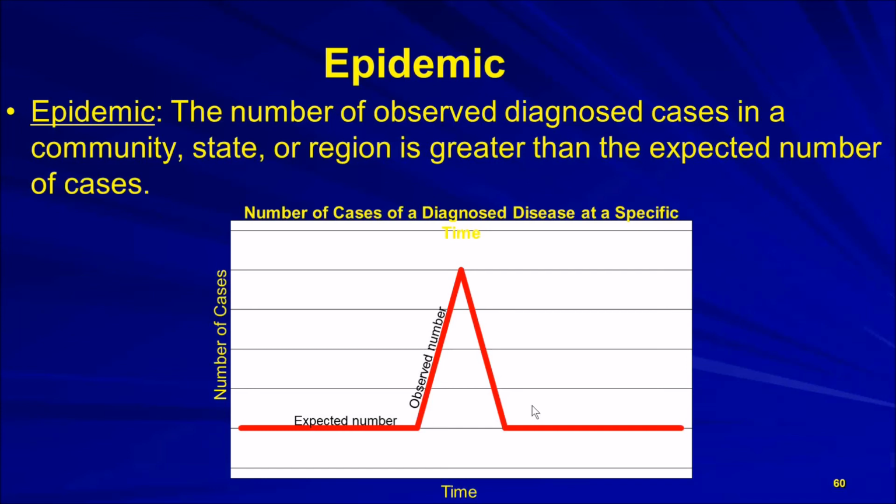Well, the expected number down here is the endemic, and you can see that the endemic state would be like the constant state or the steady state, and then all of a sudden we have a peak and it comes down back to the endemic state. So this is an epidemic as long as it covers a community, a state, or a region. So these are key terms in understanding an epidemic.